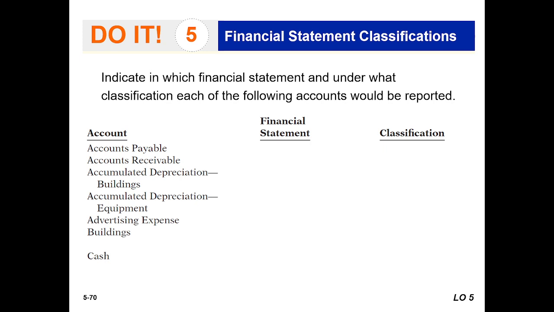Now financial statement classifications: indicate in which financial statements and under what classification each of the following accounts would be reported. Accounts payable, balance sheet, current liabilities. Accounts receivable, balance sheet. Accumulated depreciation, balance sheet. Advertising expense, income statement. Building, balance sheet. Cash, balance sheet.